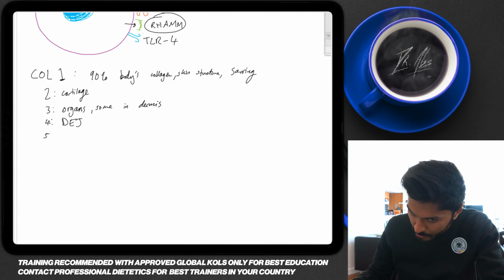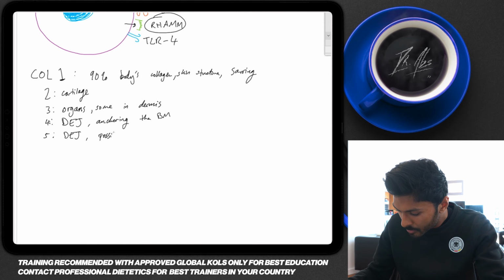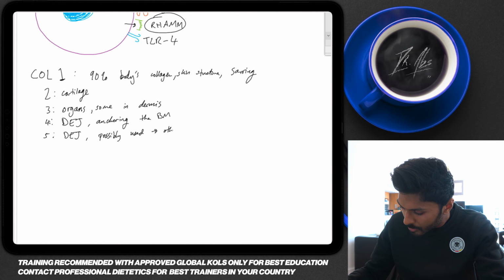And we've got collagen type 5 as well. By the way, collagen type 4 can be described as anchoring the basement membrane to the layers around it. Collagen type 5, that is sometimes found in small amounts in the DEJ, and it's possibly used to produce other types of collagen as well.